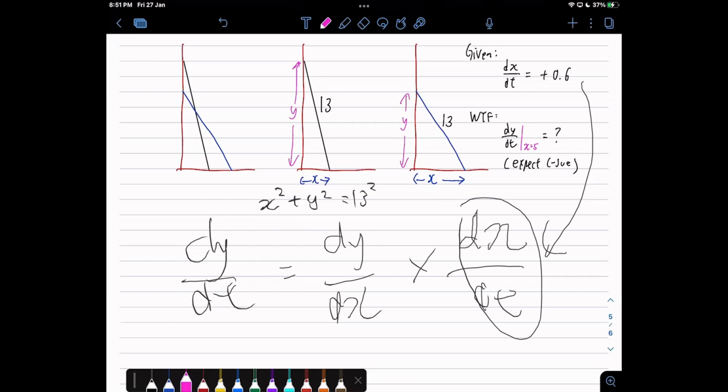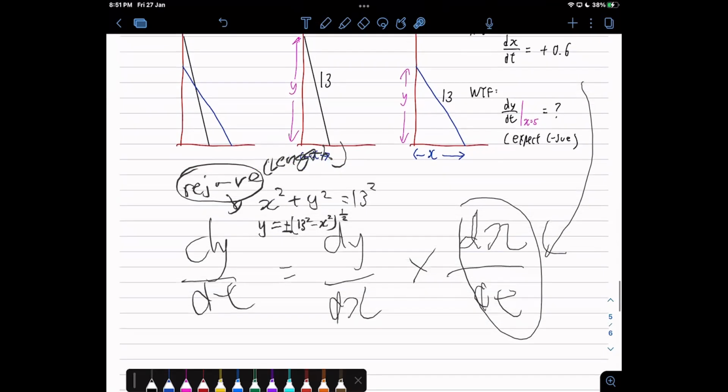Y on top means make who the subject? Y the subject. Easier. Y on top, y the subject. Yes, correct. Good.